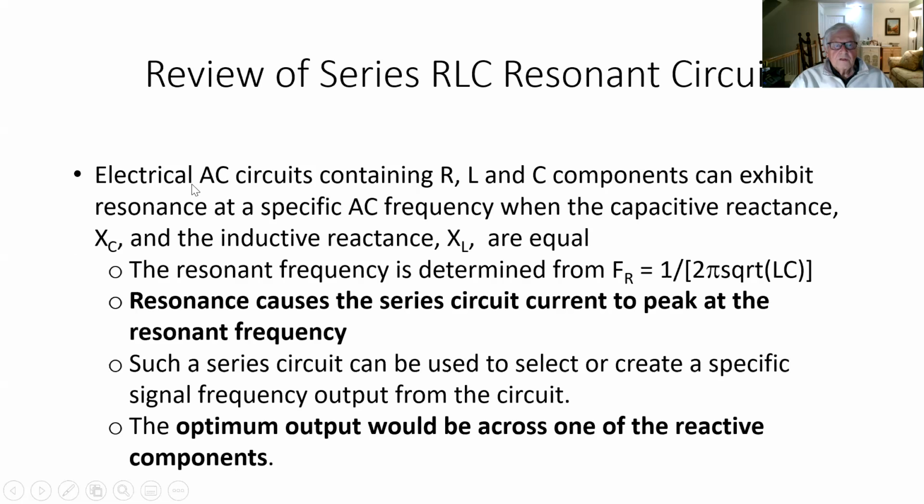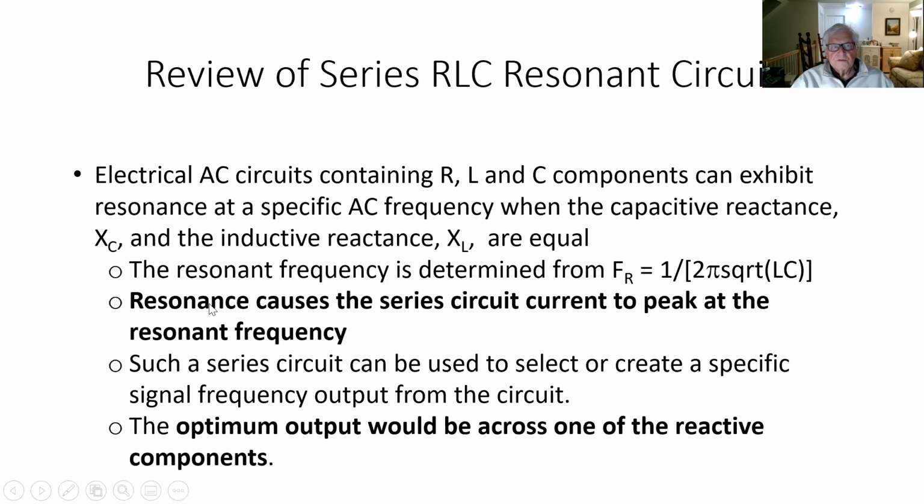So we have an electrical AC circuit containing a resistor, an inductor, and a capacitor, and they still exhibit resonance at that specific AC frequency when XC is equal to XL. That stays the same. So you get basically a resonant frequency equal to 1 over 2 pi times the square root of LC. So it doesn't matter if it's series or in parallel, we're going to have the same thing.